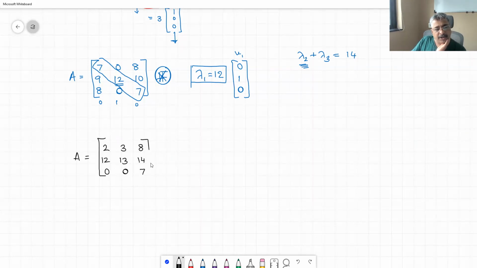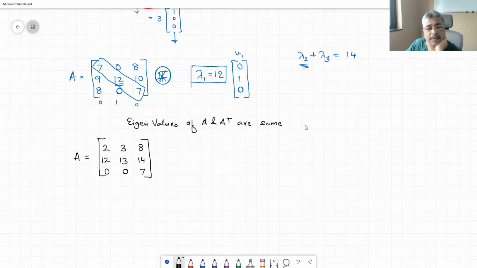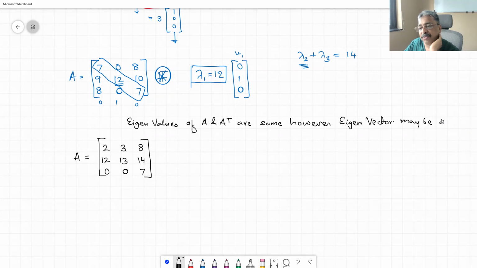Now, the property that you are required to know, which maybe we will prove later, is that the eigenvalues of A and A transpose are the same. However, eigenvectors may be different.